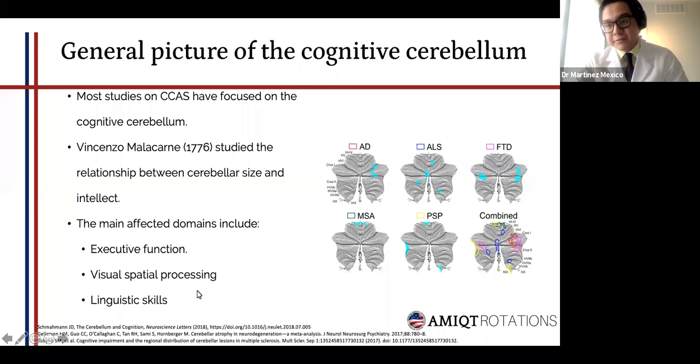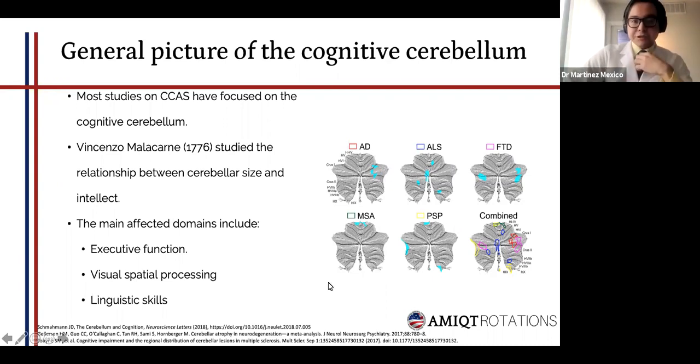Multiple studies have shown that there are changes in the cerebellum in different degenerative conditions, including Alzheimer's disease, as you can see, mainly in the posterior cerebellum. Also in ALS, that is particularly related with frontotemporal dementia, as well as other Parkinson plus syndromes like progressive supranuclear palsy and multiple system atrophy.